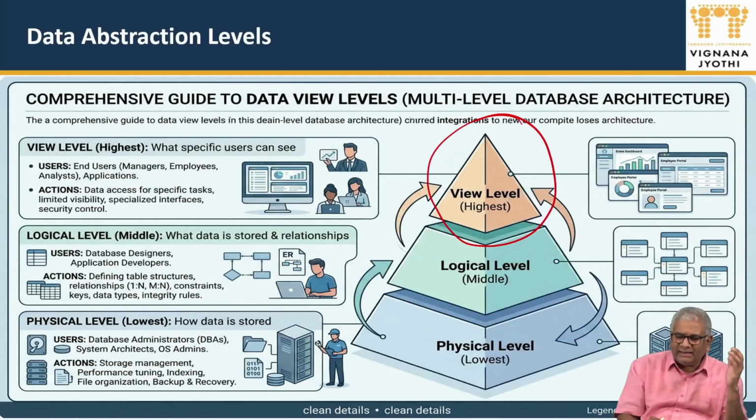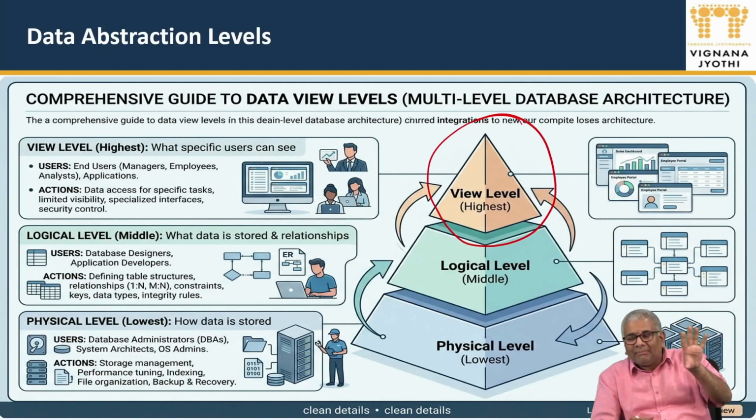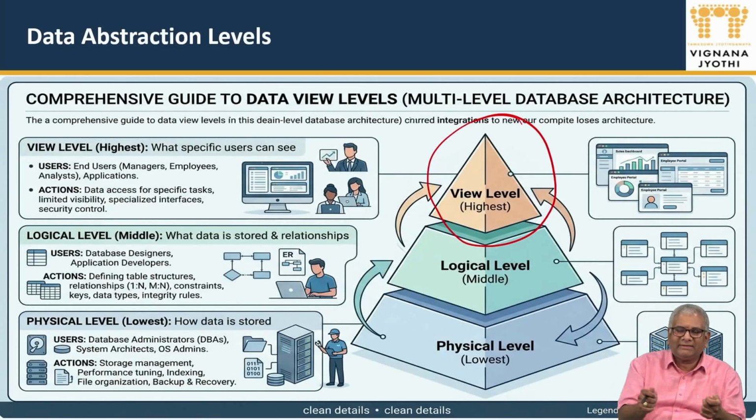If you look at this data at three levels, from different perspectives: the highest level, the view level guys, look at the data from the perspective of their application, their problem. The middle level users see the database as it relates to the application, but as the working pieces. The working pieces work together to store the data and perform the CRUD operations.